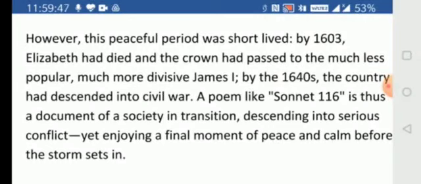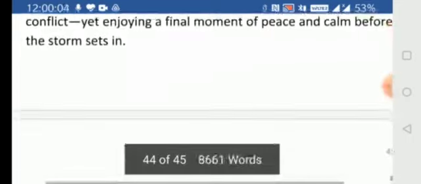A poem like Sonnet 116 is thus a document of a society in transition, descending into serious conflict, yet enjoying a final moment of peace and calm before the storm sets in.